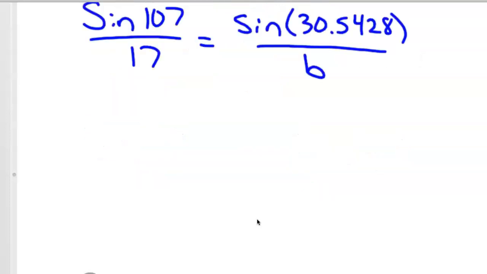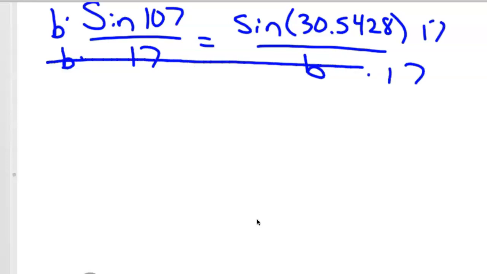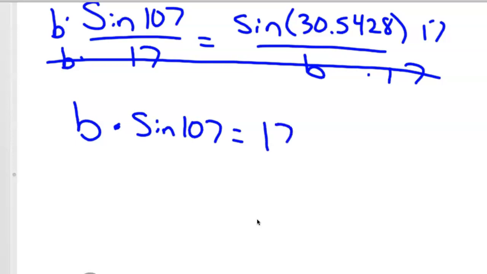So now again, you're going to have to cross multiply this or get your common denominator. We're going to take this side times b, this side times 17. Your bottoms, if we multiplied by 17b, would cross out. And you're left with b times sine of 107 equals 17 times sine of 30.5428.